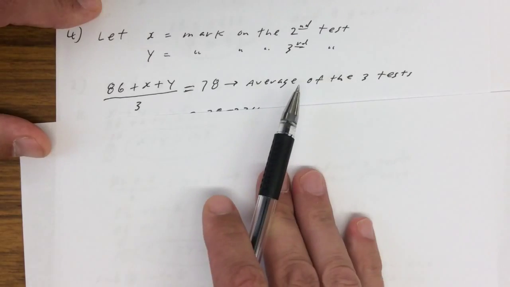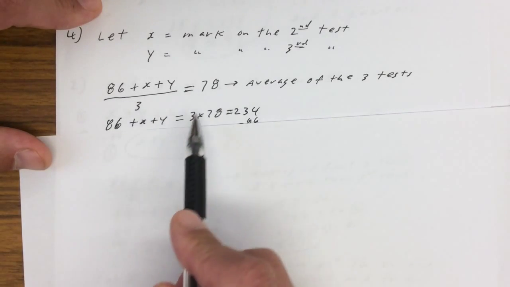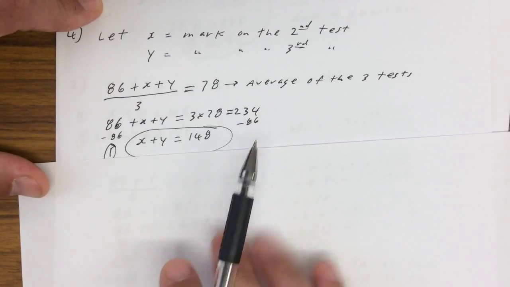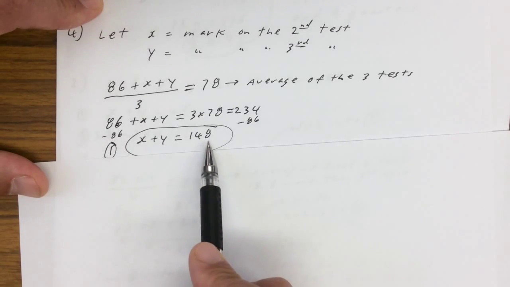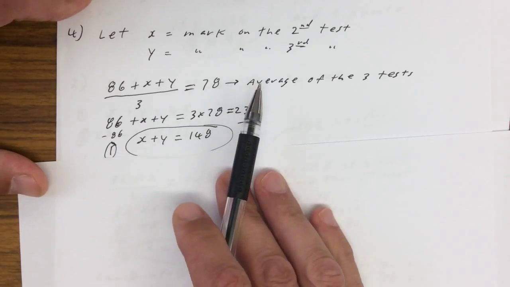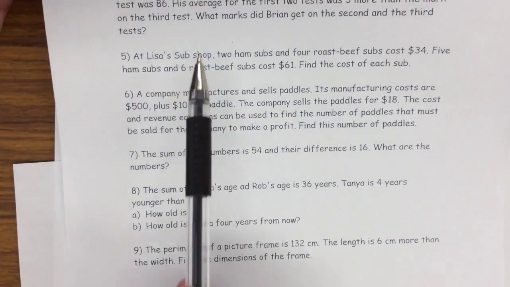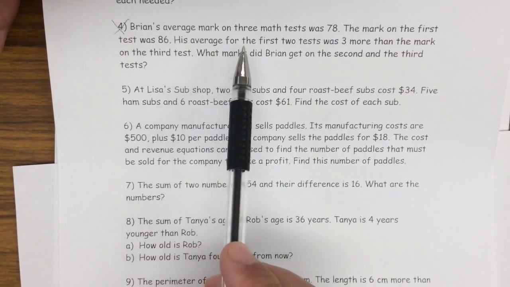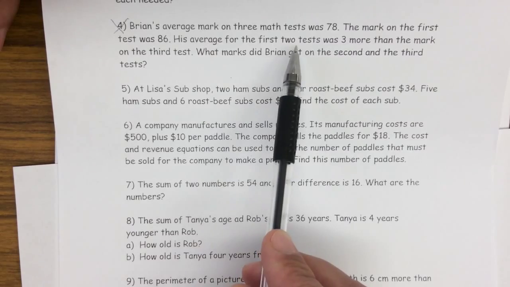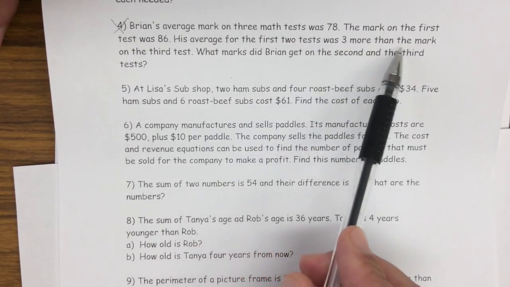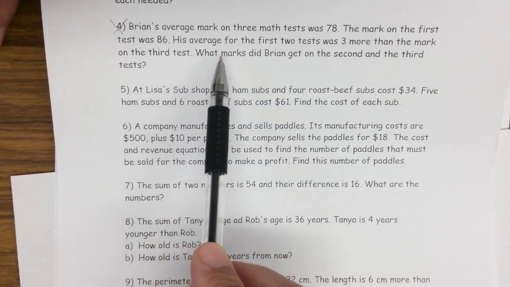And you rearrange that. Multiply by 3, bring the 86 over, and you get x plus y equals 148. I'm going to call that equation 1. The next statement says that his average for the first 2 tests, so that's the 86 and the x, was 3 more than the mark on the third test.